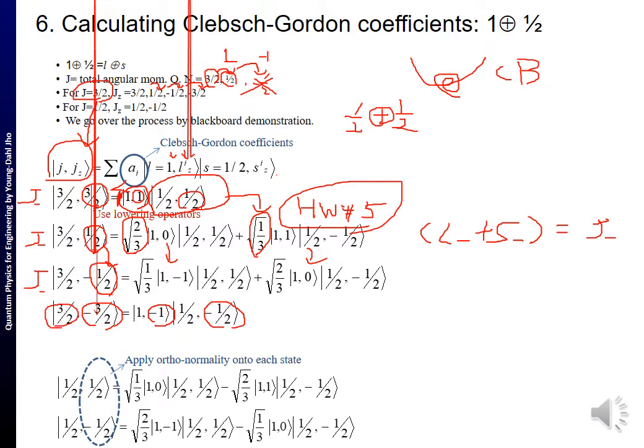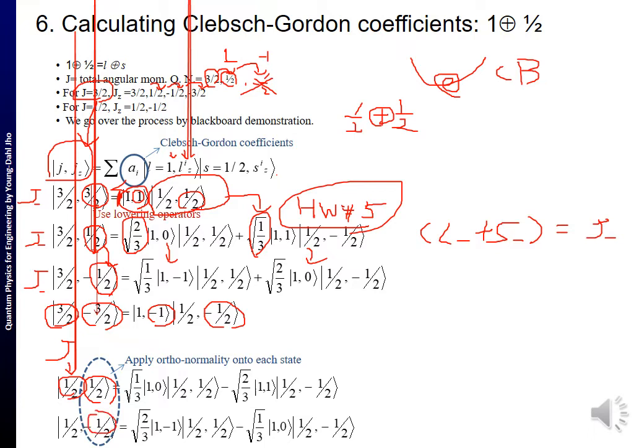In the case of J equal 1/2, Jz should be 1/2 or minus 1/2.